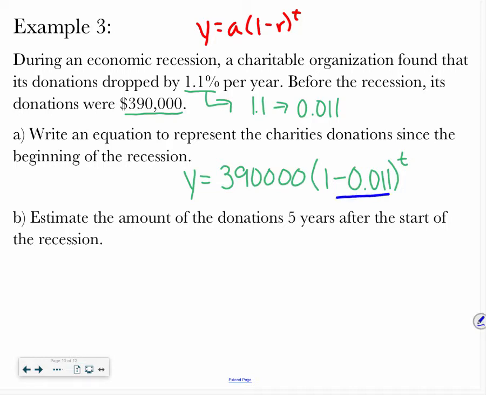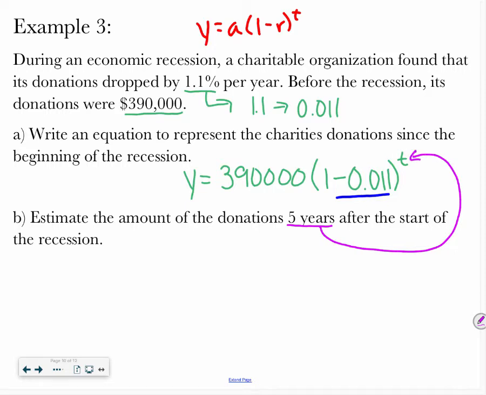If you ever want to simplify what's inside the parentheses, that is totally fine. And then you want to plug that into your calculator, just like I've been showing you. We want to estimate the amount of donations 5 years after the start of the recession. You just have to plug 5 in for t.